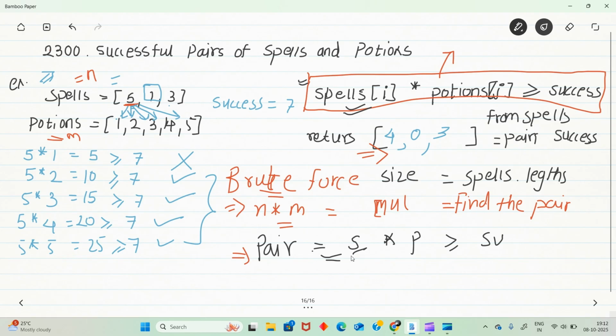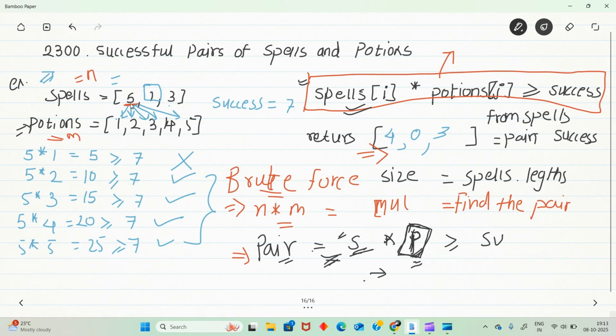That means for this spell, if there are elements in my portion array which are greater than this P, that will be successful always. So I'll get the pair. I need to find the minimum element for which I'll get this pair, so that I can say how many elements after this are maximum, and that can be my answer.